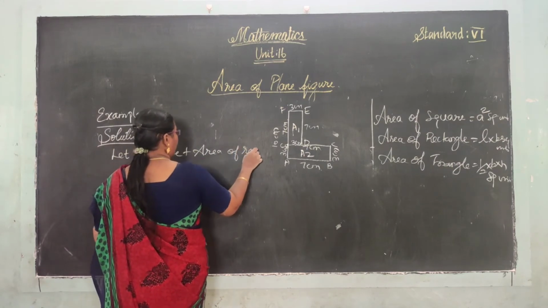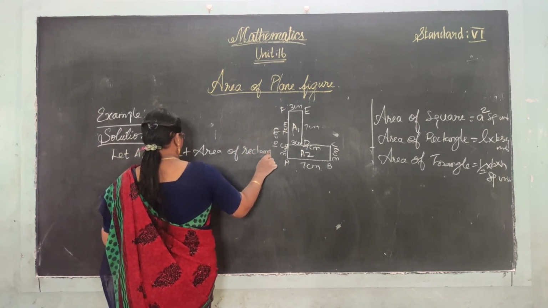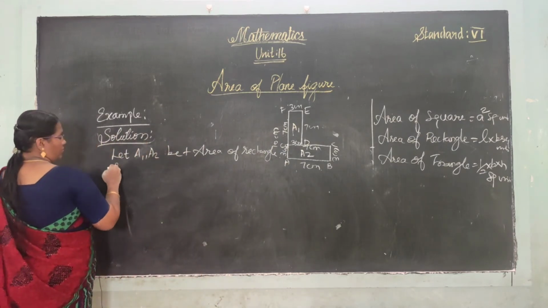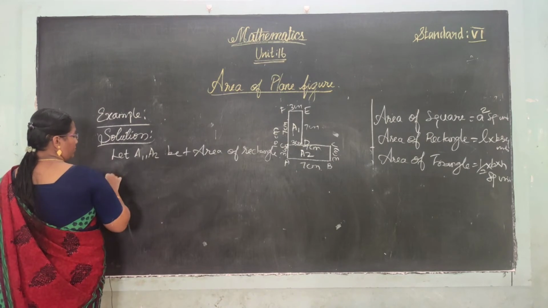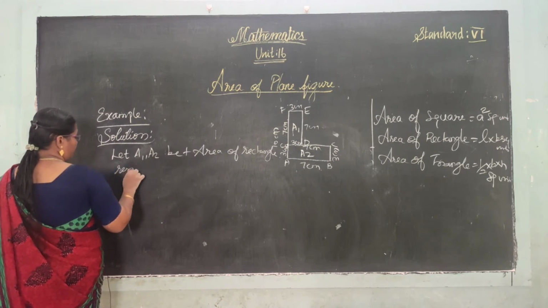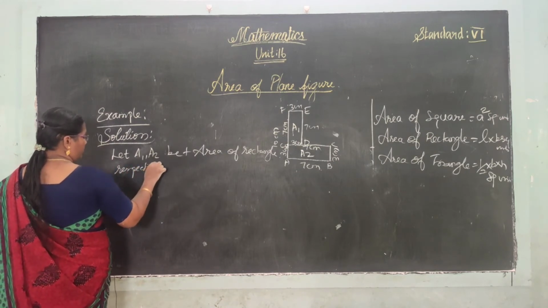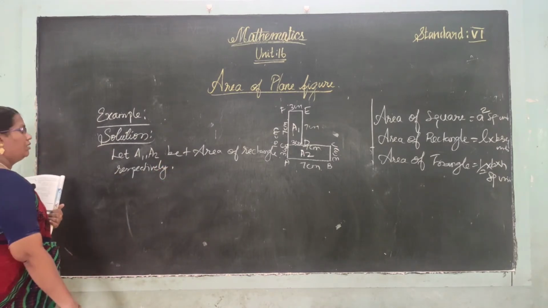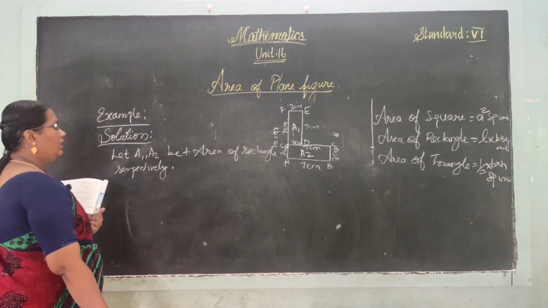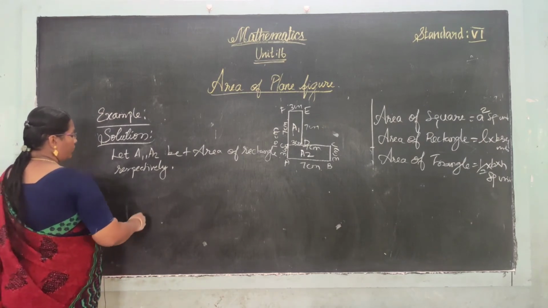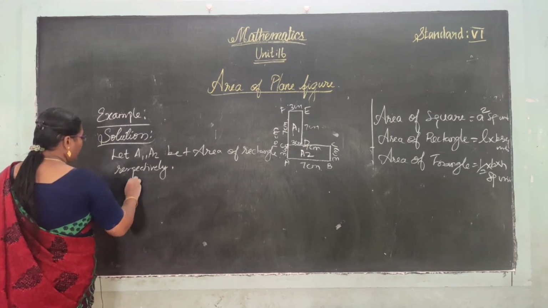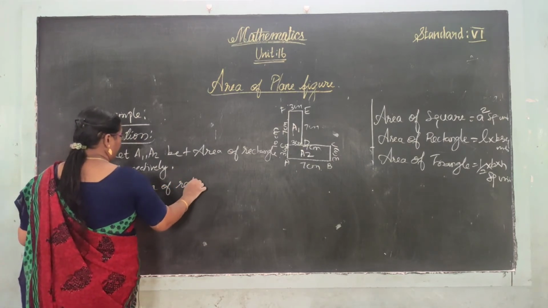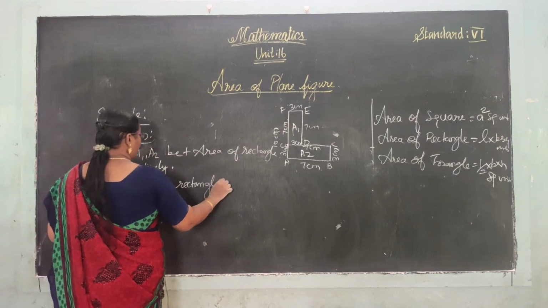Area of rectangle. Let A1 and A2 be the areas of the rectangles respectively. First we consider the area of the rectangle A1.